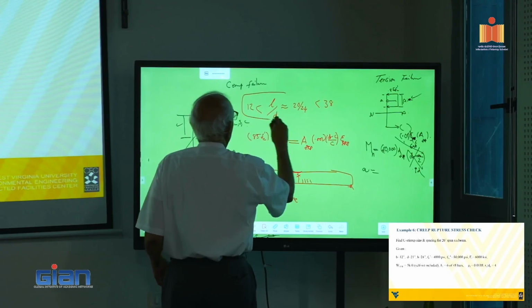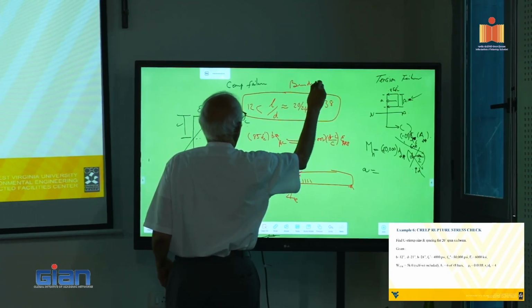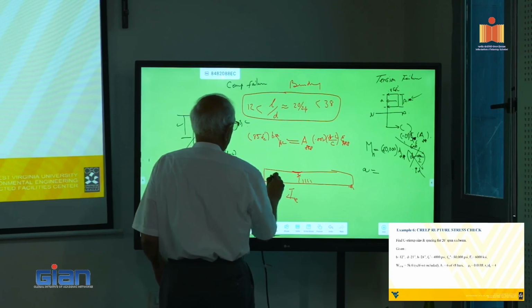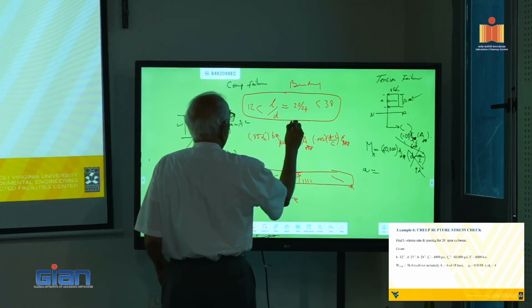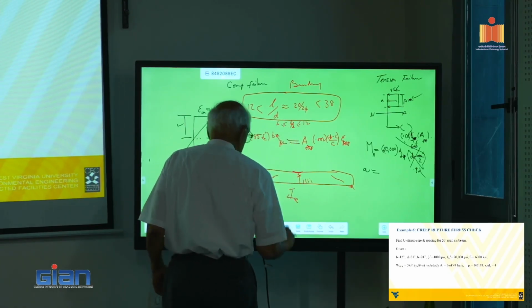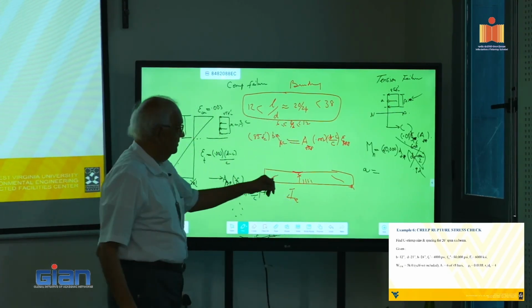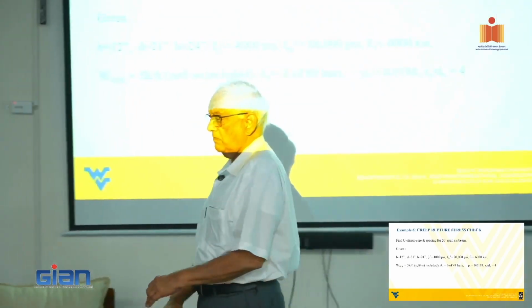This is bending failure. Whereas for a shear failure, L/D is less than or equal to 12, less than or equal to 6. So this is the shear failure.